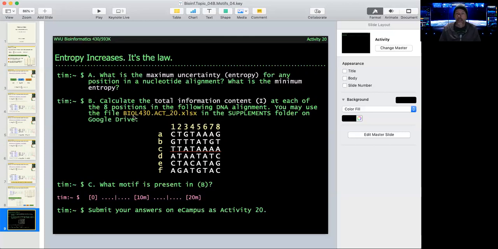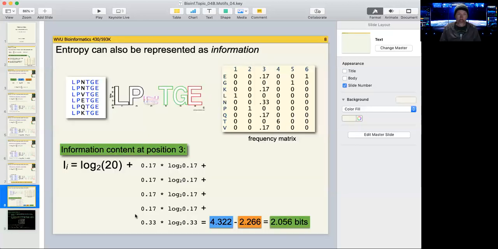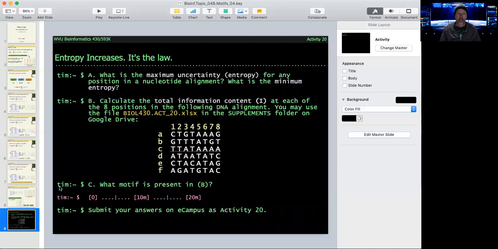Part B, I want you to calculate the total information content at each of the 8 positions in this alignment here. Total information content, that's what we just calculated for a single position in this amino acid frequency matrix. I'm giving you a DNA alignment and asking you to calculate that total information content.